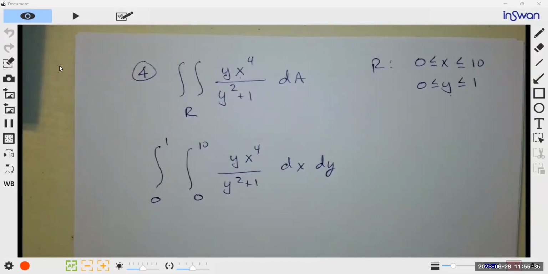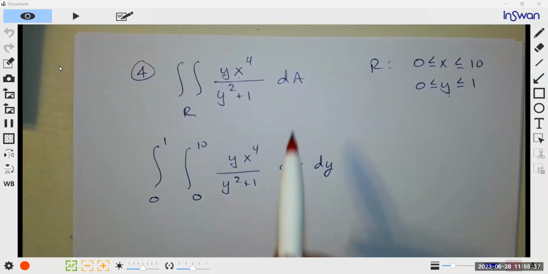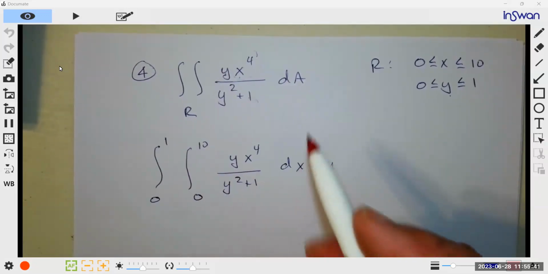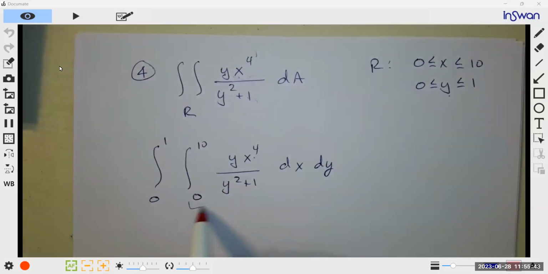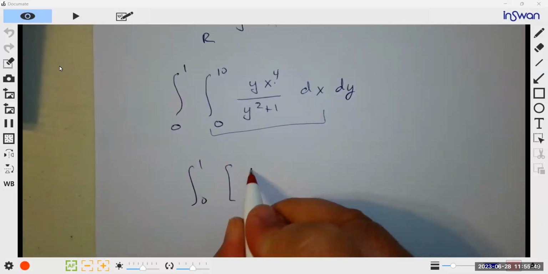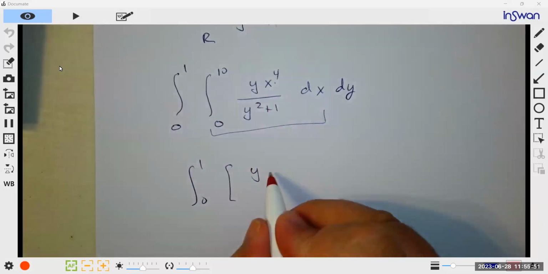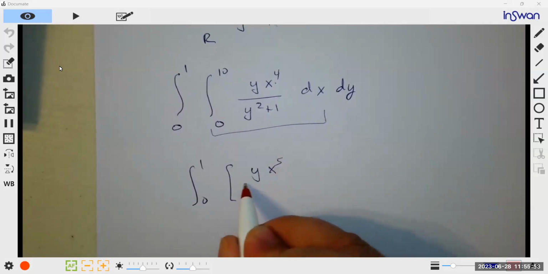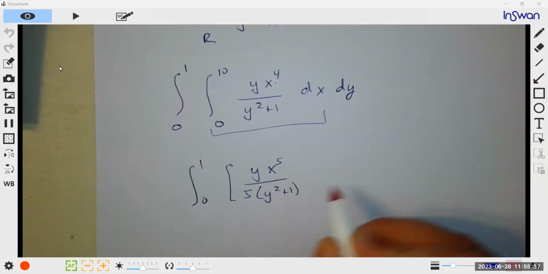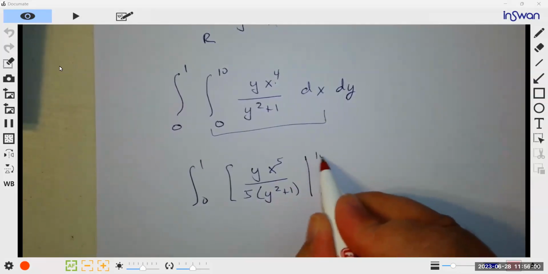We can choose any order of integration. Since we only have one x, the rest of the stuff is a constant for this first round. So we just have to integrate this one. The integral of x to the 4th is x to the 5th over 5 from 0 to 10.